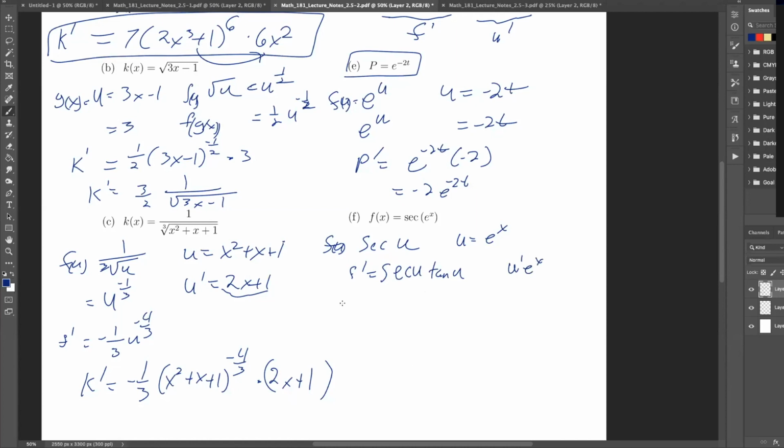Okay, so here this f prime would be, I guess that's a terrible notation if I'm using an f. Let me just use q of u equals that, and q prime. Now I'm not using the f prime twice. So the derivative in this case would be secant of what was on the inside, e to the x, tangent of e to the x, multiplied by its derivative, which is e to the x.